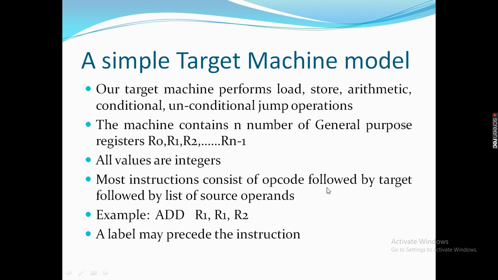Most instructions consist of opcode followed by target followed by list of source operands. For example, consider this instruction: add R1, R1, R2. Add is the opcode, followed by the target. R1 is the target register where the result is stored.